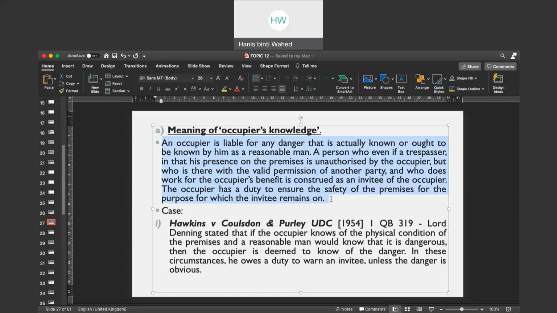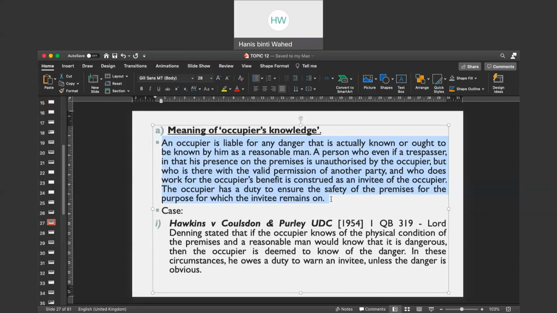If he knows or he ought to know about the existence of a danger, he is considered as owing the duty of care towards the invitee who entered into his premises. How will the court determine that the occupier ought to know about the danger?